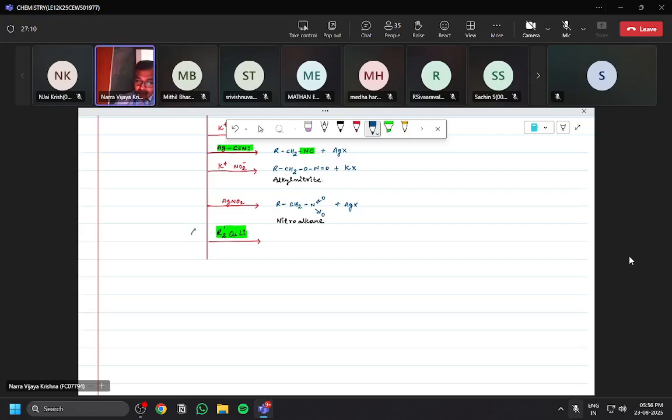This is called Gilman's reagent. So here R prime acts as a nucleophile. It will attack, so the product will be R CH2 R prime. You will get an alkane, correct? Then what is left is R prime Cu plus LiX. What is the name of this reaction? Corey-House synthesis.